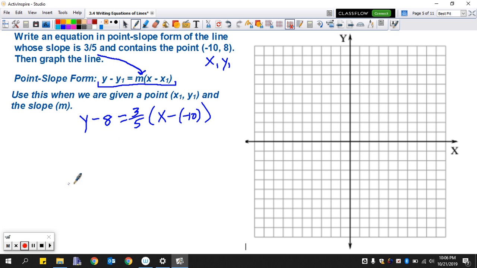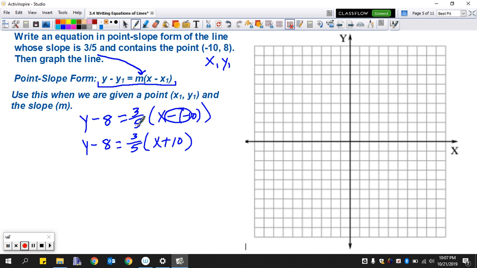All right, so we can see here that we have this double negative, so let's just change that to a plus. Y minus 8 is equal to 3/5 times x plus 10.